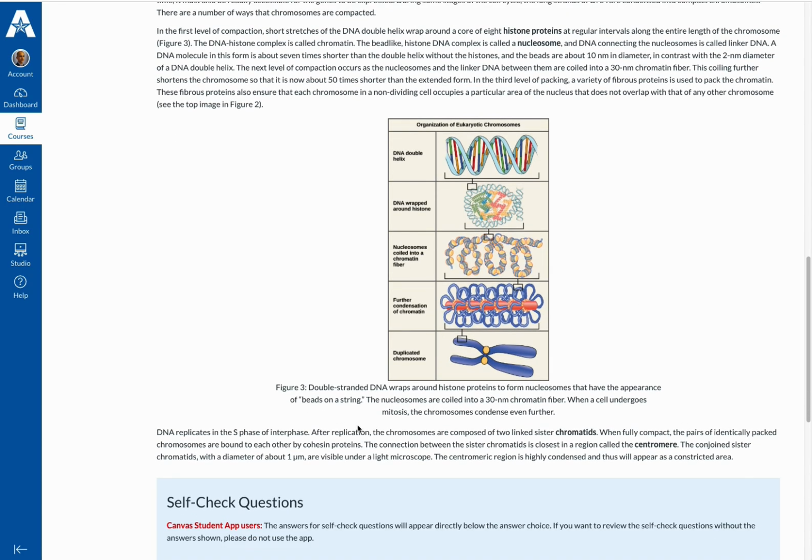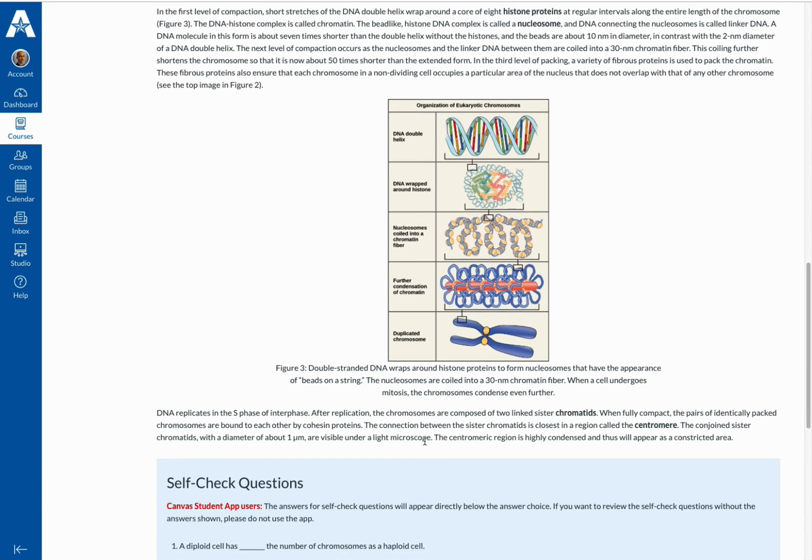And when we have a chromosome that's been replicated in the S phase of the cell cycle, we call those chromosomes sister chromatids. And that little connection point between sister chromatids is called a centromere.